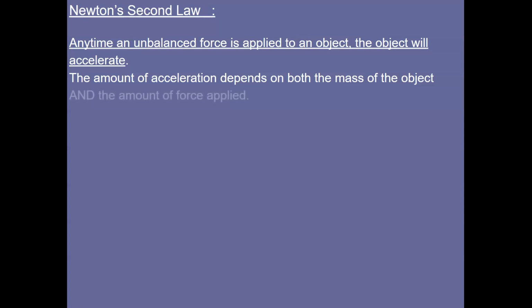Now, this amount of acceleration is going to depend on the mass of the object, right? And the amount of force applied. If you apply a small force to a large mass, you're going to get very little acceleration. If you apply a really large force to a small mass, you're going to get a really large acceleration.